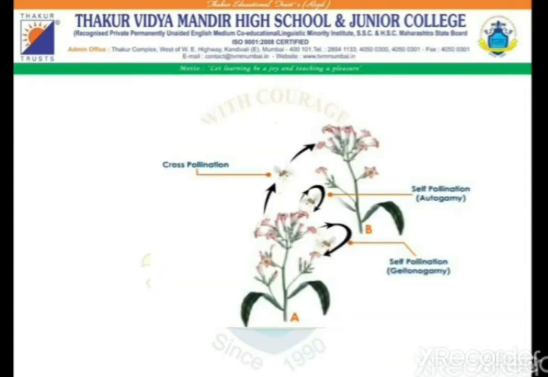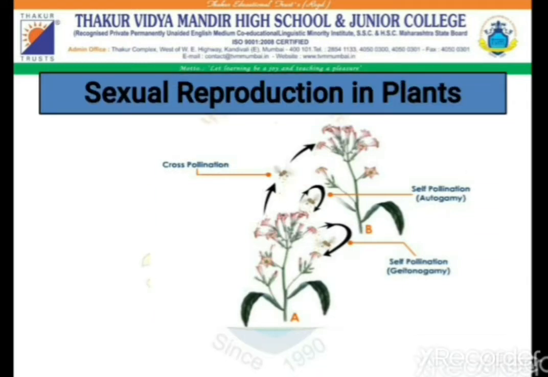Coming on to the next part, that is called pollination. Now, we have seen the male reproductive part, we have seen the female reproductive part. For fertilization to be carried out, it is necessary that the pollen grains should come onto the stigma and meet the ovules.